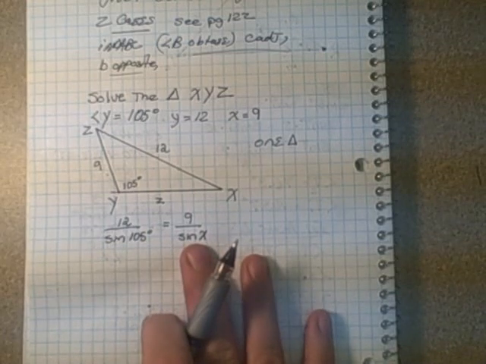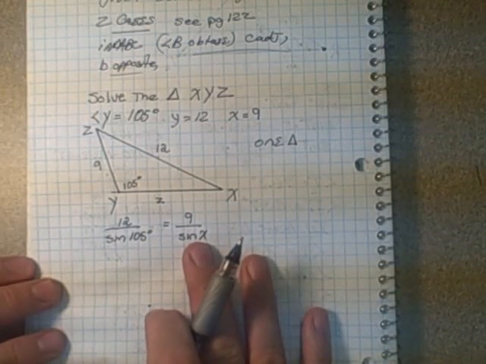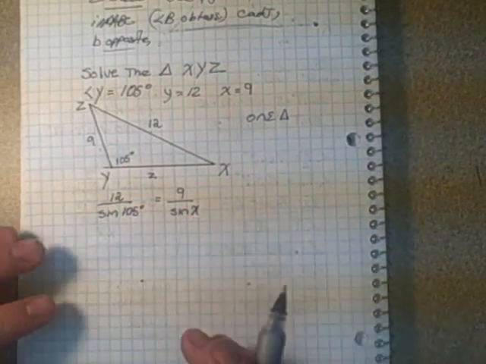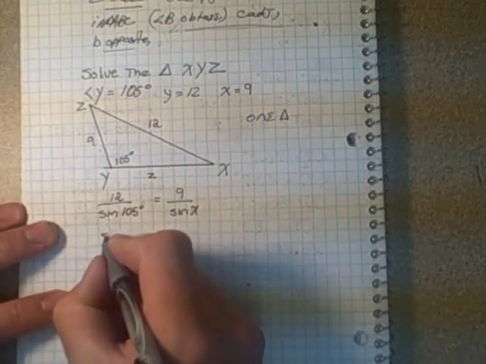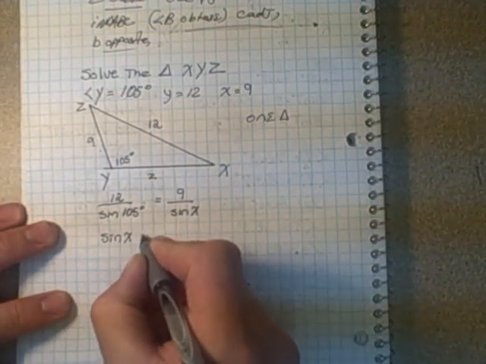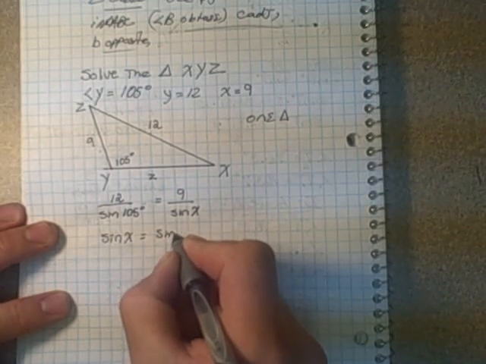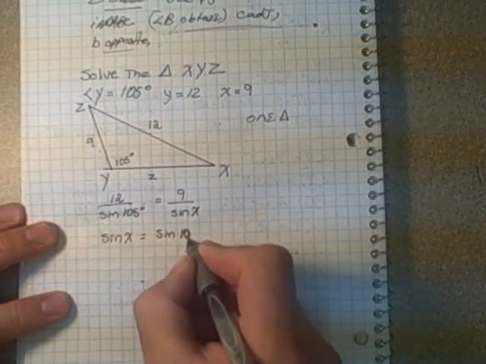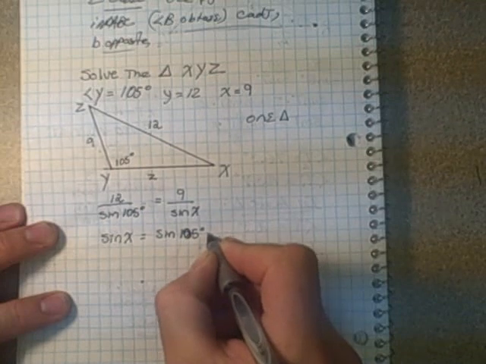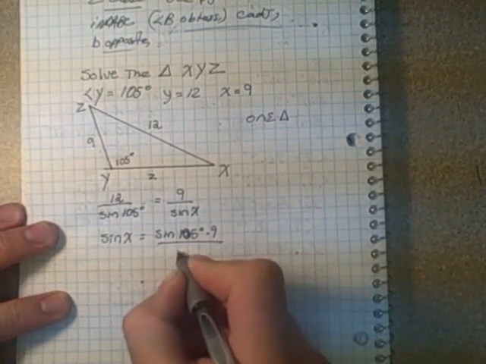So when you do that second function sine to get the angle value, you know it's acute. So let's calculate sine x. It's sine 105 degrees times 9 divided by 12.